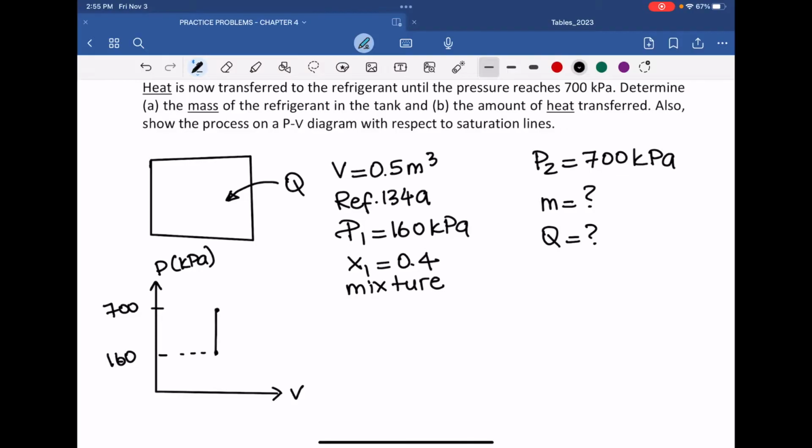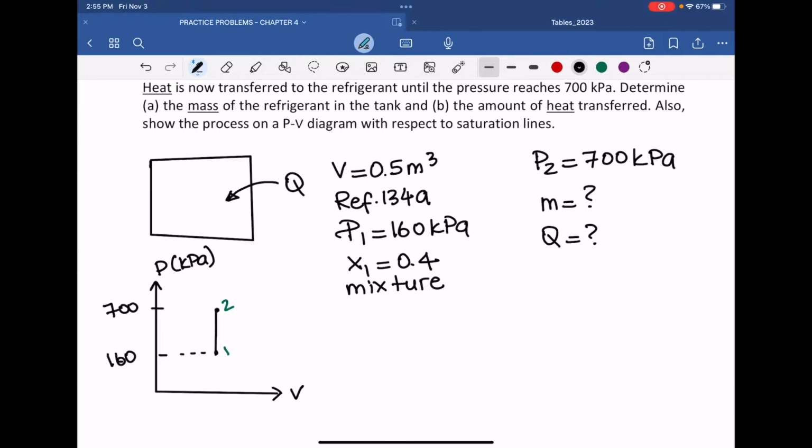And with respect to saturation lines, means you need to graph the dome. And initially you have a mixture. So state 1 has to be a mixture, state 2 has to be, what does it have to be? So we don't know. Let's figure that out. So first of all, we have a mixture, okay?